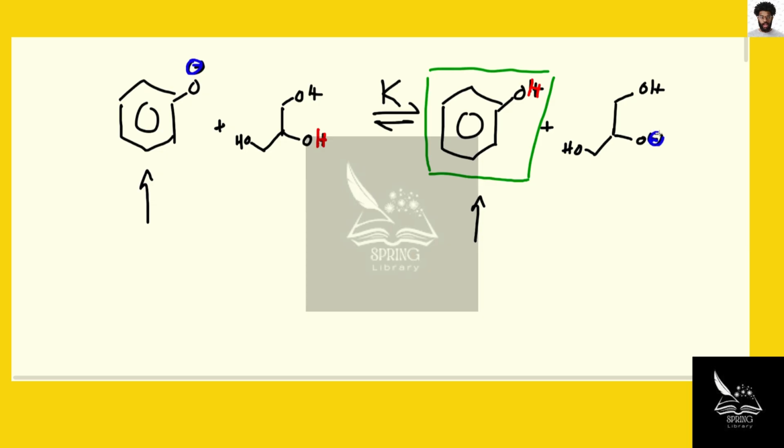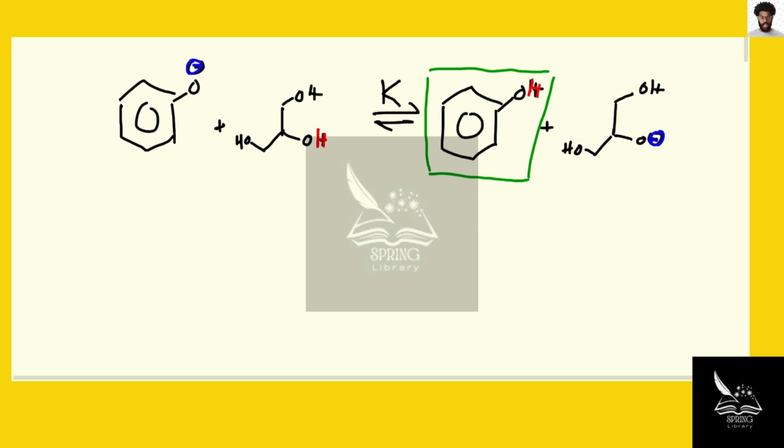So we'll draw that in blue. Okay, so that's what this K is in relation to. If the K is big, this is the favorable side, the product. If the K is small, then this is the favorable side. So that's important to remember, what the meaning of K is, right?